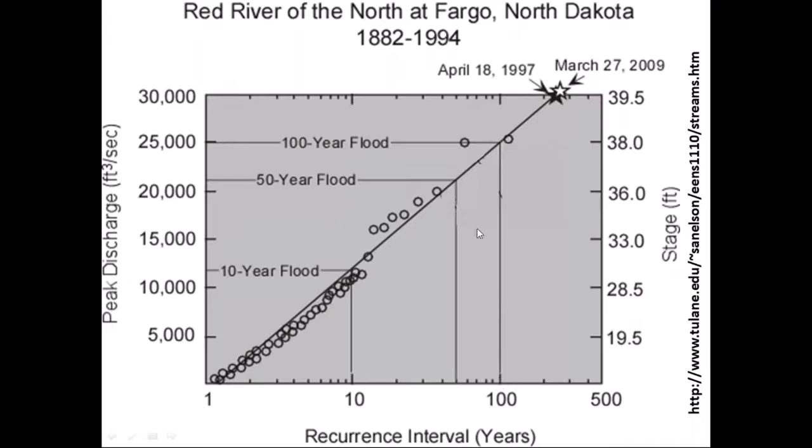So a 100-year flood equals 25,000 cubic feet per second. That's the equivalent. And all of the 10-year flood, 50-year flood, 100-year flood, there's a 500-year flood, right? That all plot linearly. Notice that two very similar events happened within 12 years of each other. So it's possible. What's that, a 300-year flood? They happened within 12 years of each other.